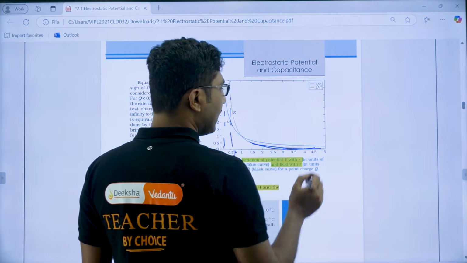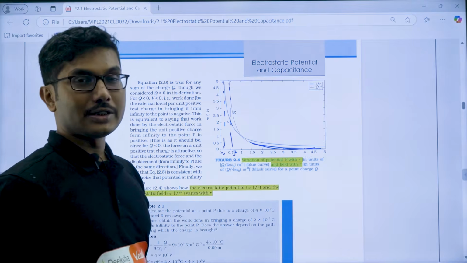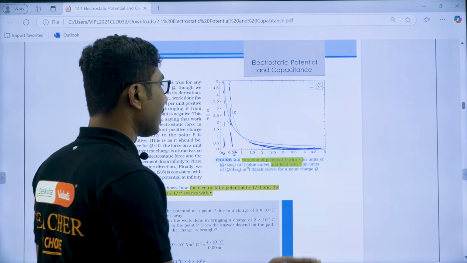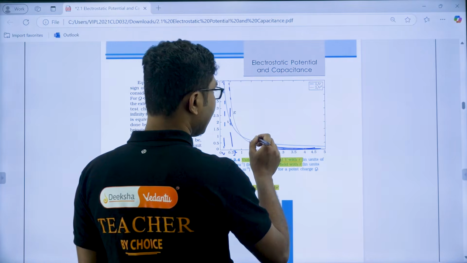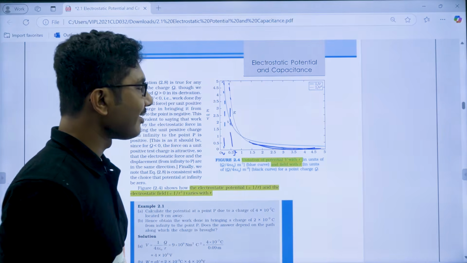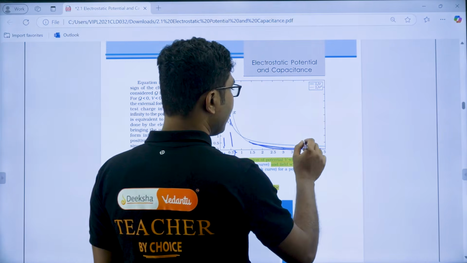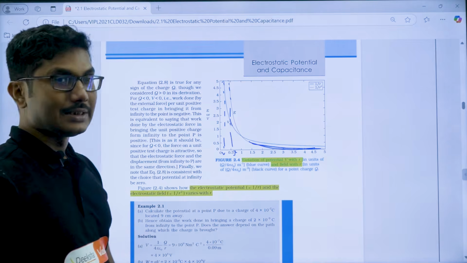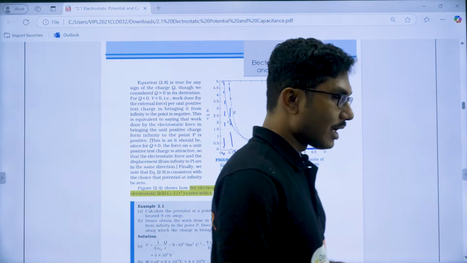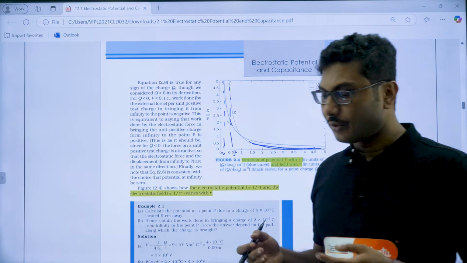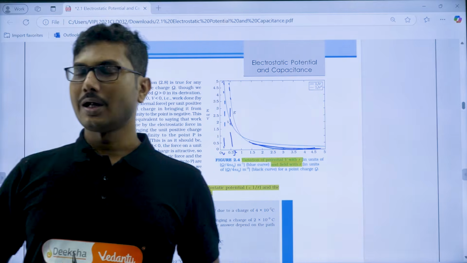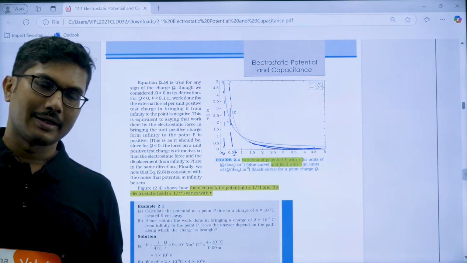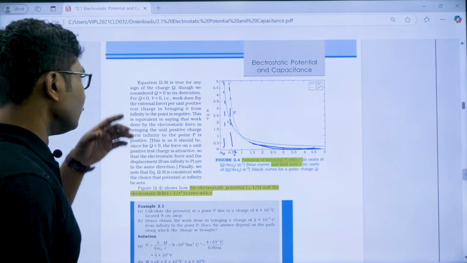It starts with a higher value, but goes to 0 much more rapidly. Electric potential starts at a slightly lower value, but goes to 0 much more slowly than the electric field. That is the basic thing: if you start high, you go to 0 quickly; if you start slightly lower, you go to 0 slightly more slowly.